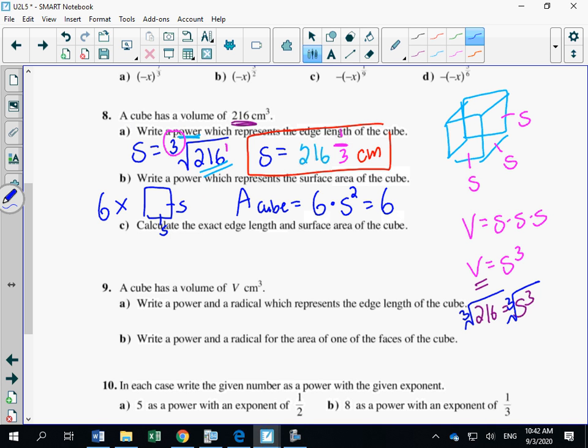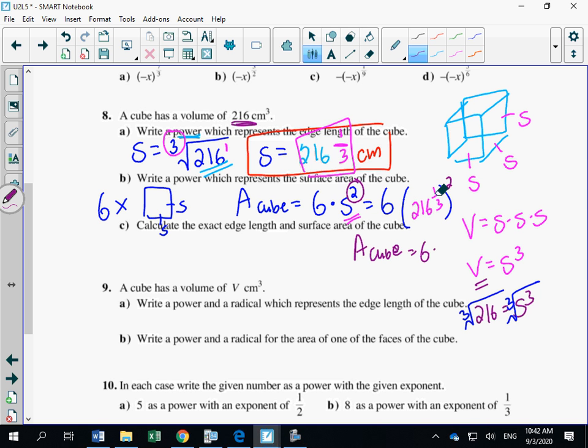So that would be 6. Let's take out s, and let's put this in for s. So 216 to the 1 over 3. And then that's going to be squared. Area of a cube is equal to 6 times.